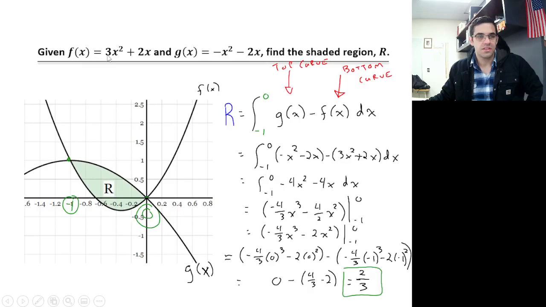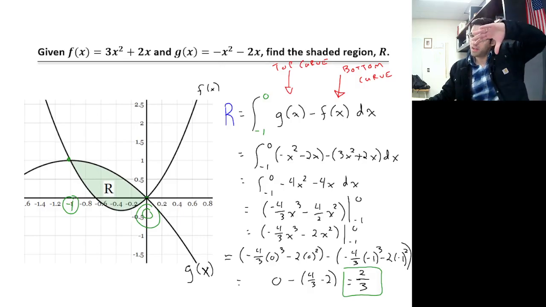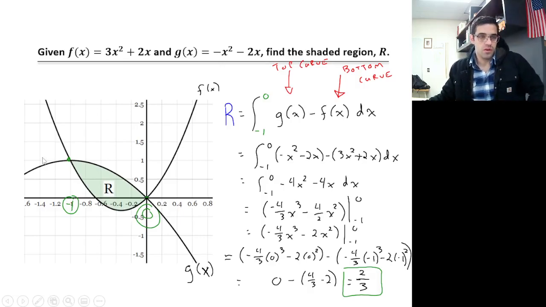If I'm looking at these functions, I know that g of x is the top function because they're both parabolas, they're both x squared functions, but g of x has a negative leading coefficient, so it's concave down, it opens down, and that's how I know this is g of x. And by the same logic, positive 3x squared for f of x is going to give us a parabola that opens up.